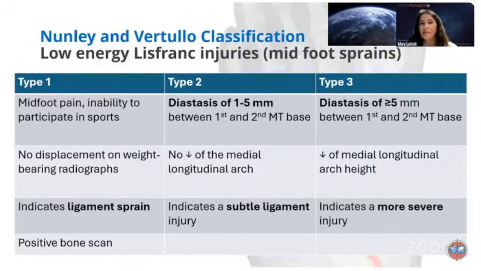Type 2 indicates subtle ligamentary injury with diastasis between 1 and 5 millimeters, and there's no medial arch collapse. And the third type finally is more severe, and you would find more than 5 millimeters of diastasis between the first and second, and collapse of the medial arch.